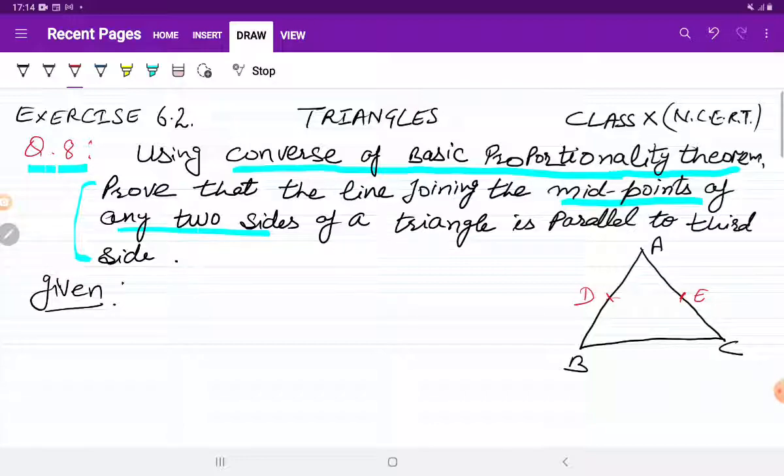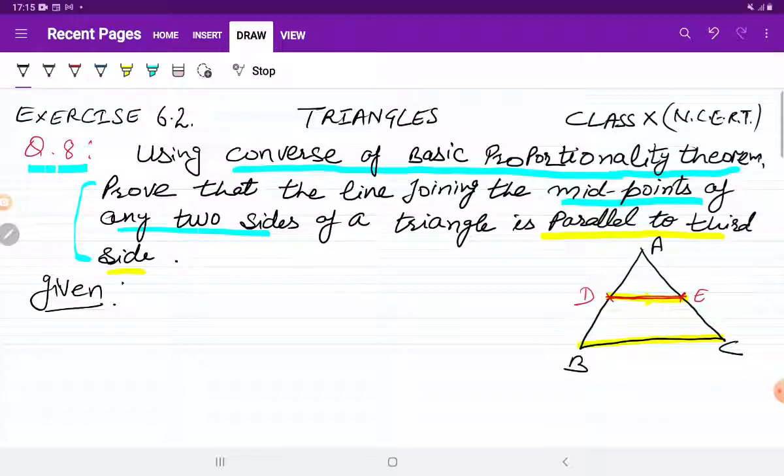By joining these two midpoints, I got one line that will be parallel to the third side. This you have to prove: the line joining the midpoints, that is DE, is parallel to BC. So we are going to prove side DE is parallel to side BC.